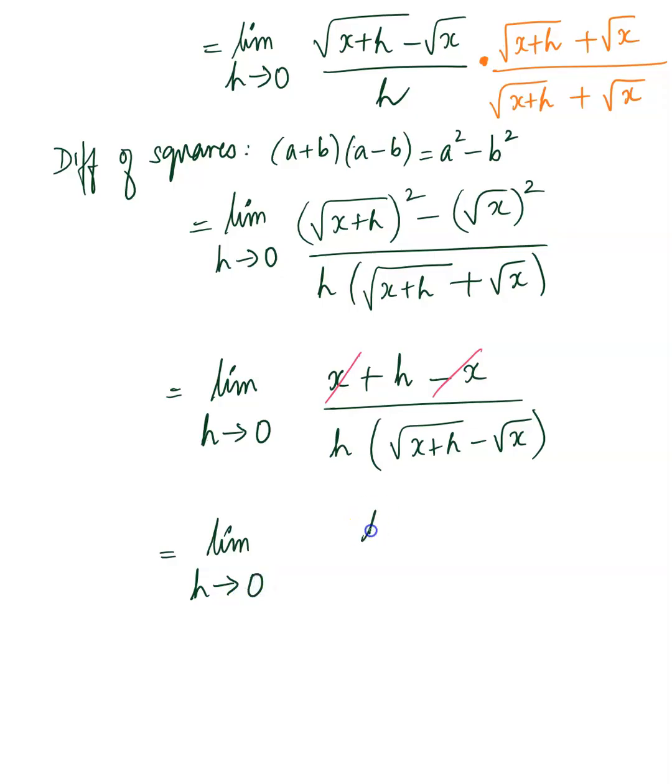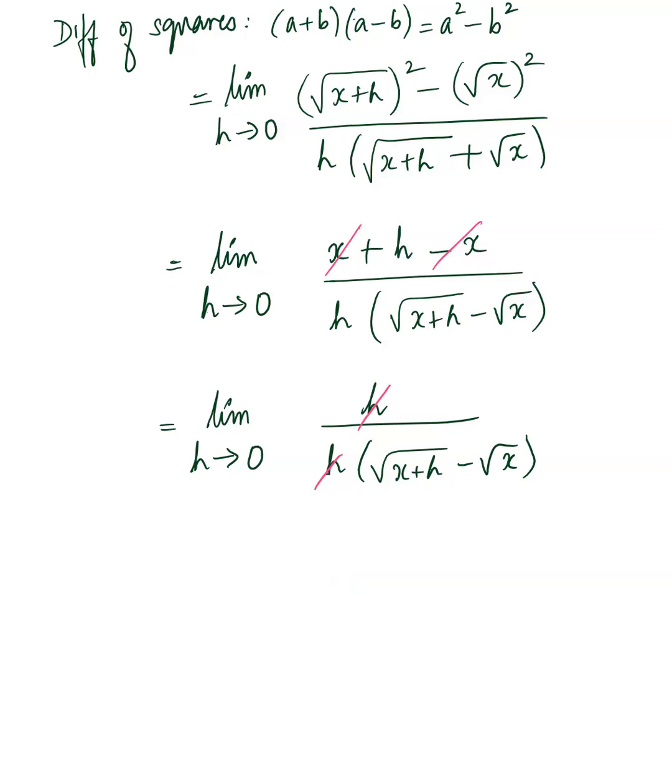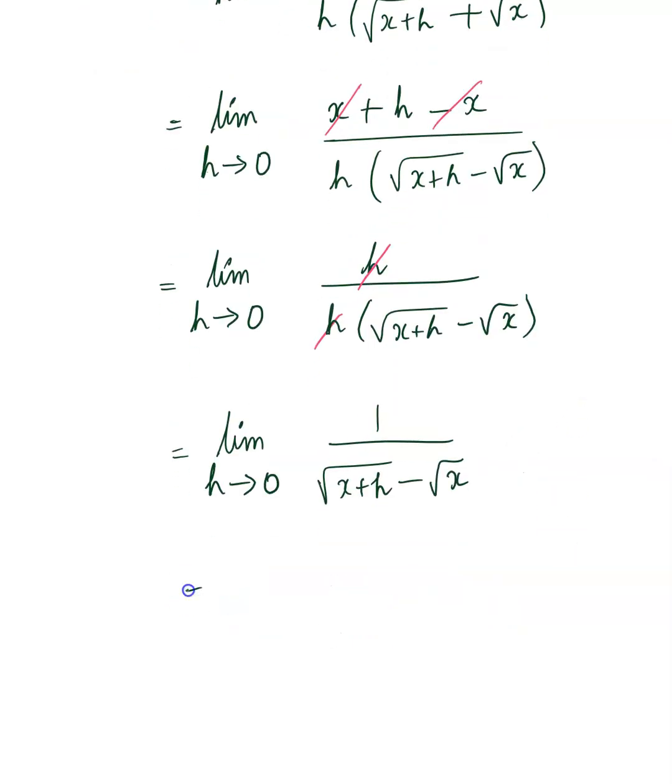In fact, you could have cancelled it in the same step, understanding that you're doing 2 steps in one. All right, they're close. Plug in h as 0.